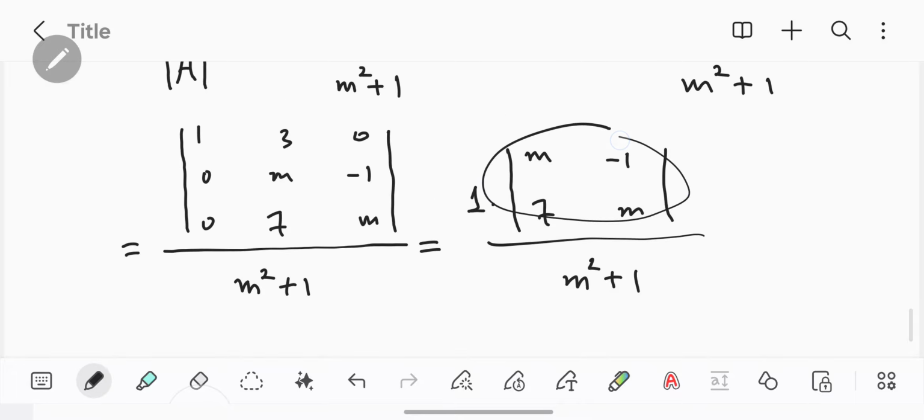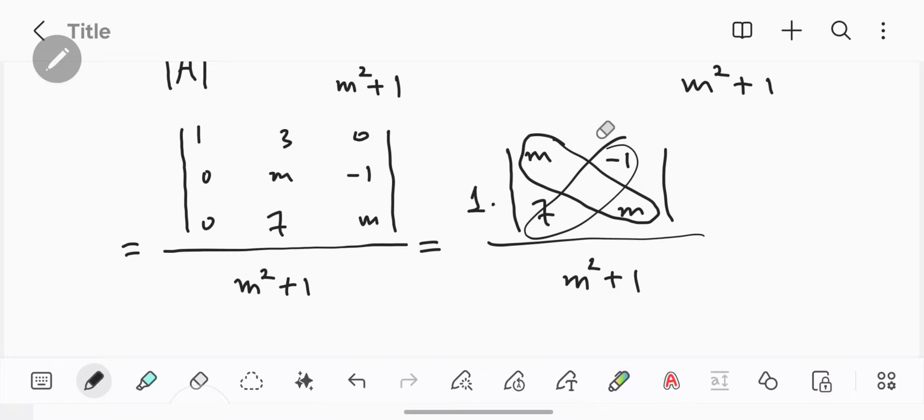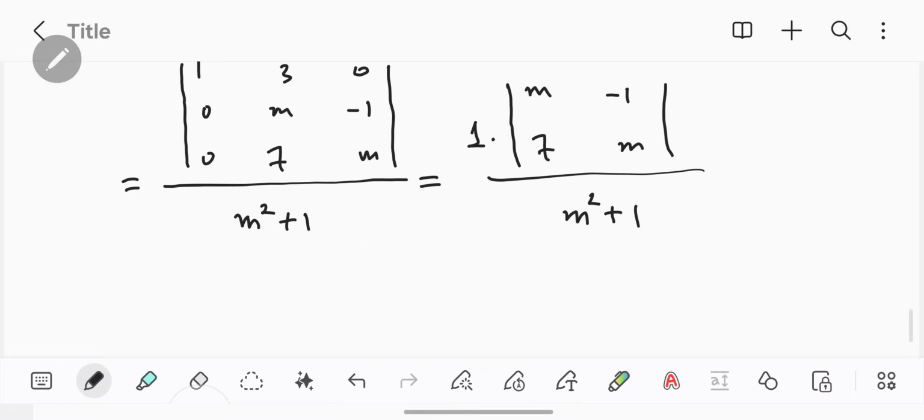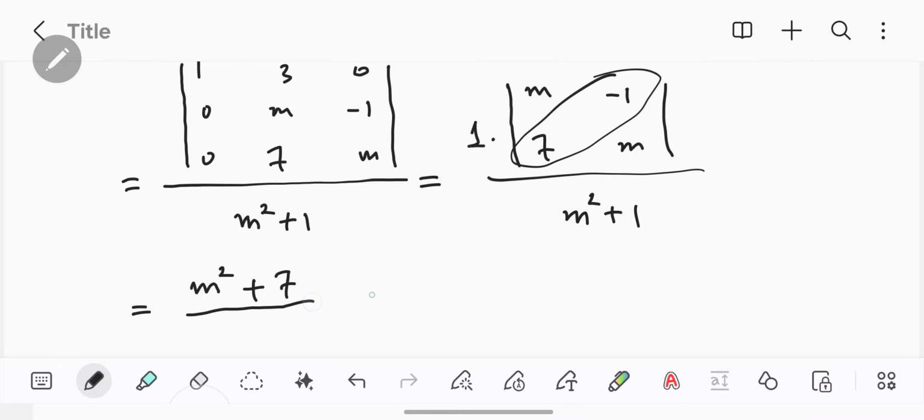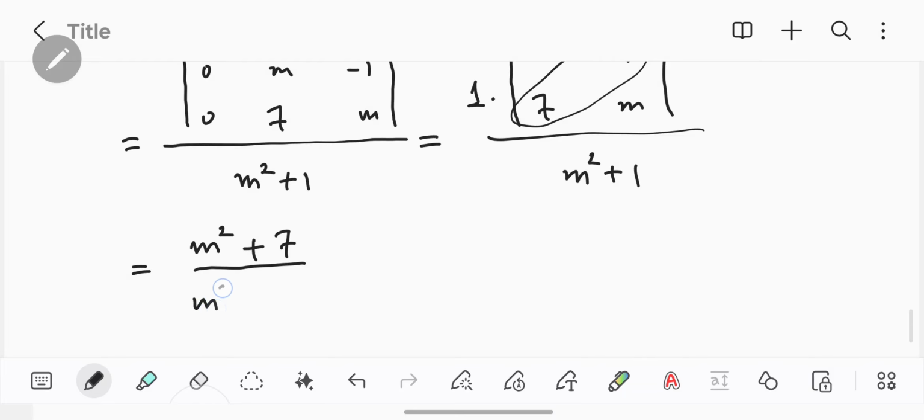Now I can find this determinant easily by multiplying these two minus the product of these two. So the product of these two is m squared, minus the product of these two is plus 7, because minus 7 is plus 7, over m squared plus 1. So this is your x.